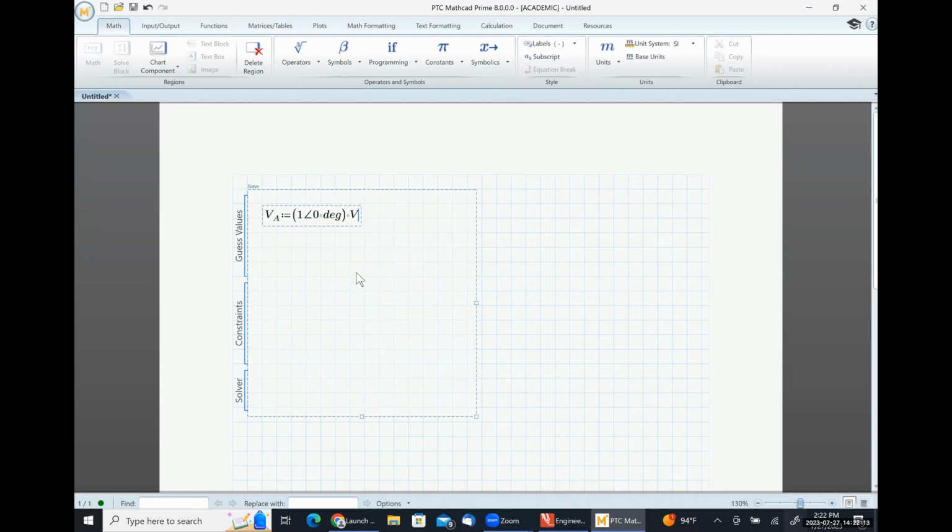The reason why I'm not just doing V like that is because sometimes, not always, but sometimes, MathCAD will interpret things in parentheses next to another letter as a function, and I definitely don't want that to happen. I want it to understand that this is a complex number with a unit of volts.